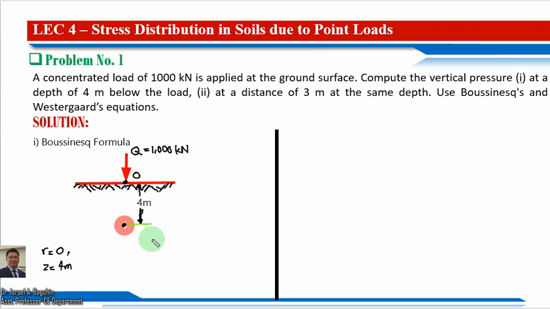By the Boussinesq formula, the vertical stress is denoted by sigma subscript z, equal to the point load Q over the depth squared times the influence factor I B. So we need to determine this I B, in which our influence factor I B is equal to 3 over 2 pi times this quantity.